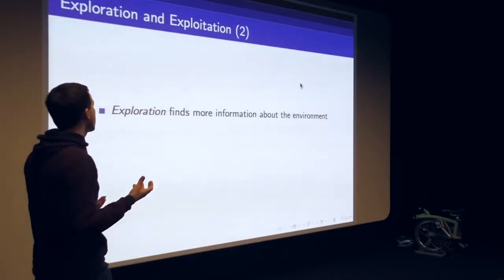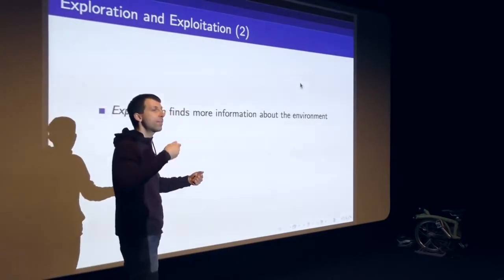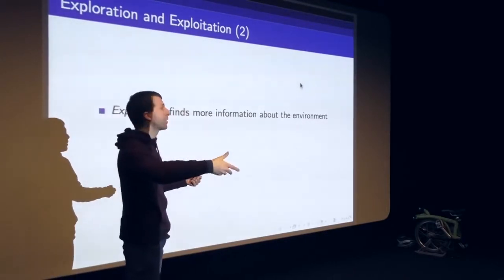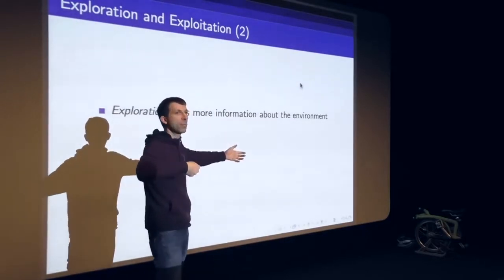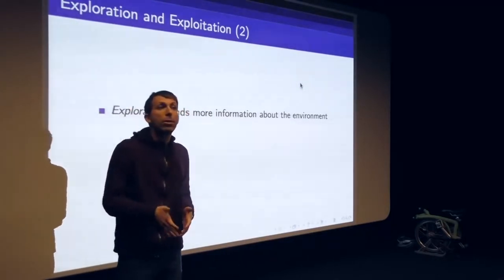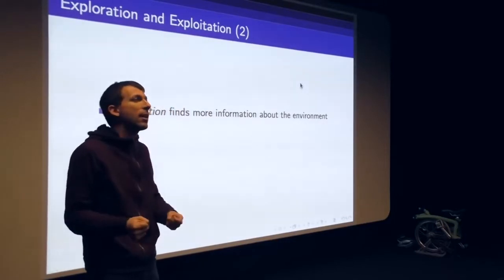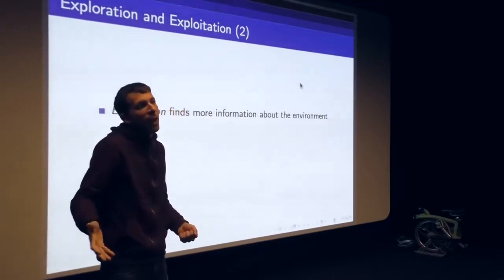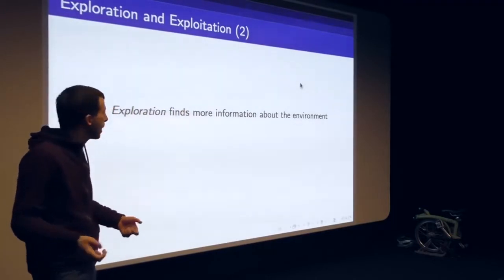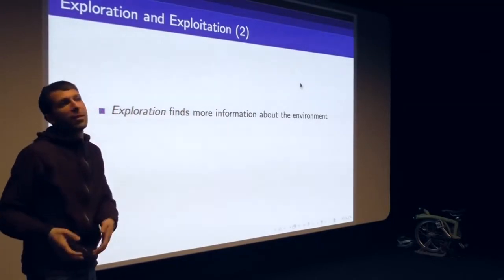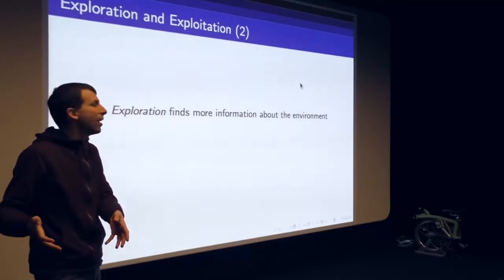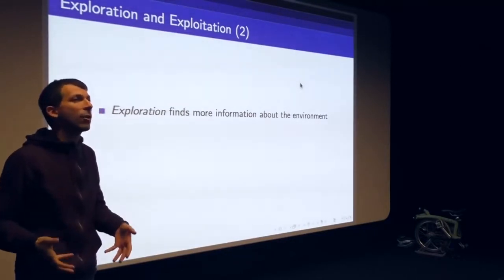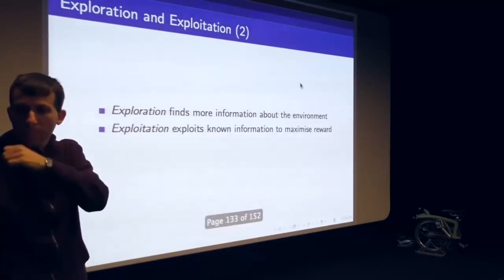In other words, exploration means choosing to give up some reward that you know about in order to find out more about the environment. Maybe, given everything you've seen so far, you think that by going left you'll get the most reward, but you haven't really explored right very much. So maybe it's better to go right for a while, discover that there's a big treasure chest there, and in the future end up getting a lot more reward in the long run.